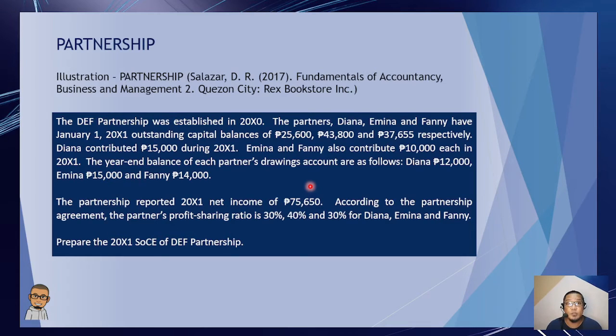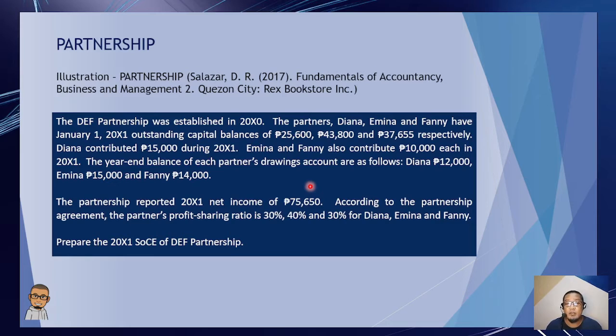Now, the articles of partnership provides how the partners agree on how to distribute the income earned from the partnership. Take note that the articles of partnership is a legal document, meaning it is a legal contract. It is an agreement between the partners.